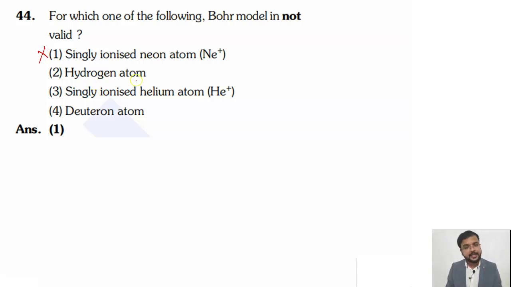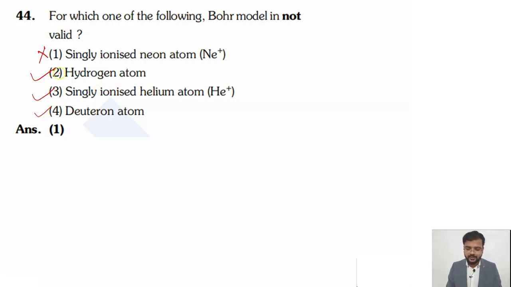For the hydrogen atom, the Bohr model is valid. For the singly ionized helium atom, the Bohr model is applicable, and for the deuteron atom also it is applicable.